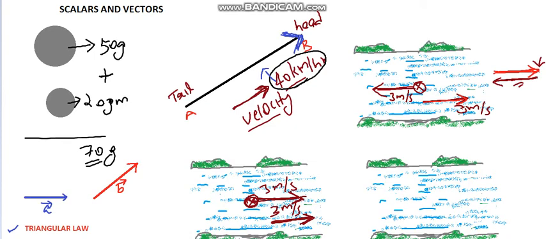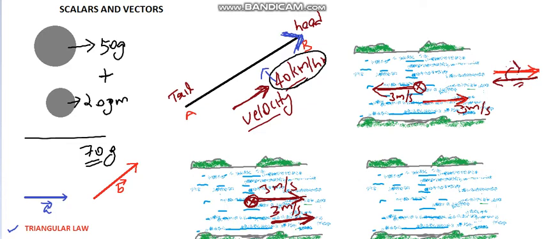If you assume a situation like that, then we can clearly see the angle between these two vectors will be 180, because when you place this over the other vector, then this angle becomes 180 degree.